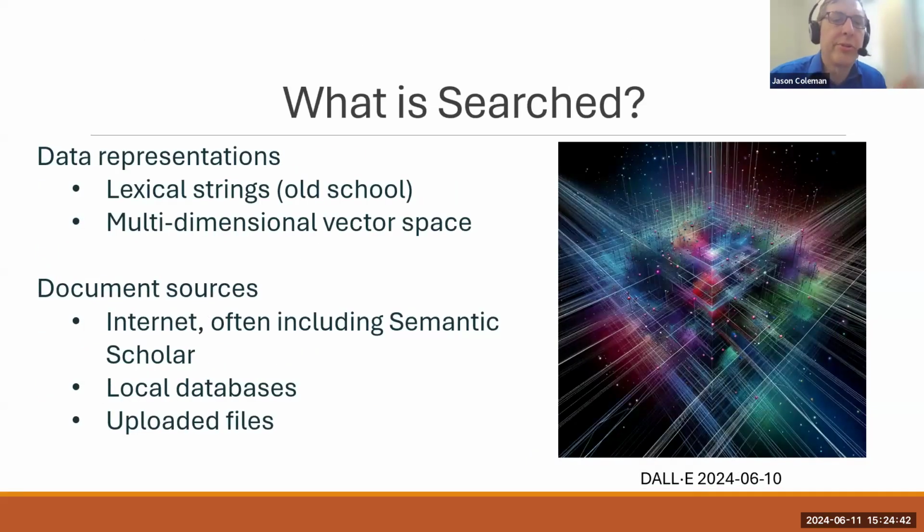Another question, what is searched? So the traditional way that this has worked is you're doing lexical search, you're matching characters together, you're finding words that appear in a document or in a metadata field. With the vector search, it's beyond me, honestly.